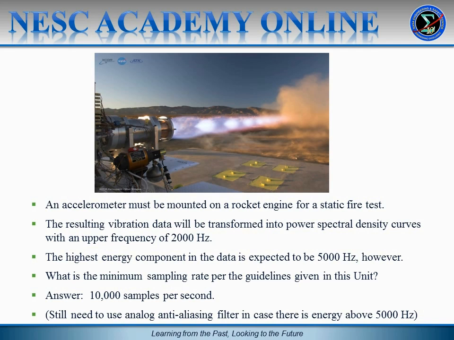So what is the minimum sample rate per the guidelines given in this unit? And the answer is 10,000 samples per second, and that is being driven in this case by the maximum source frequency. But we should still have analog anti-aliasing filters in case there is energy above 5000 Hz.